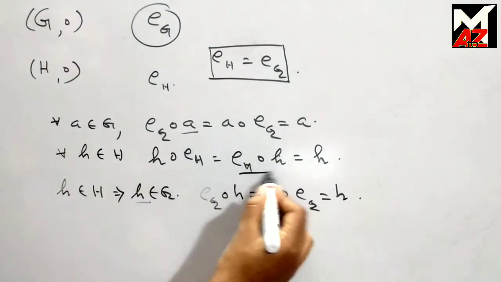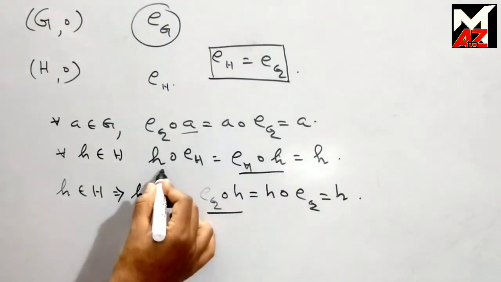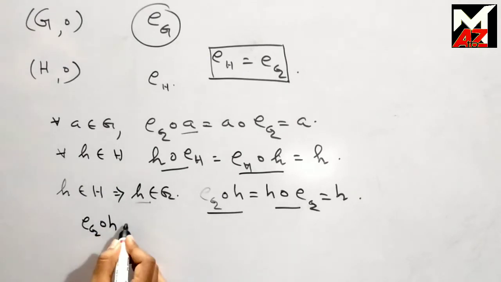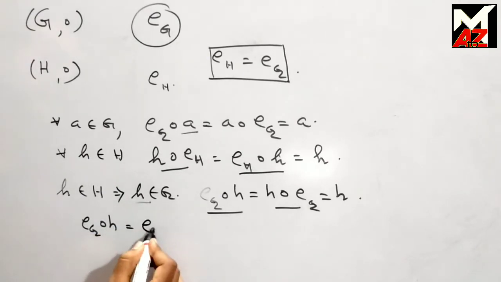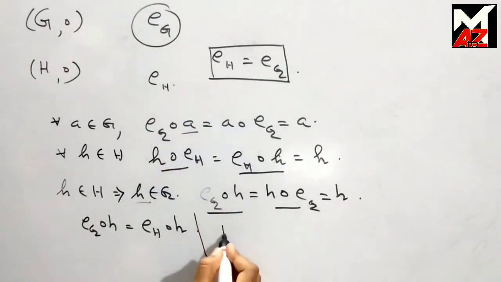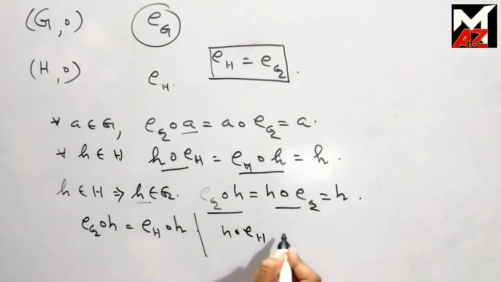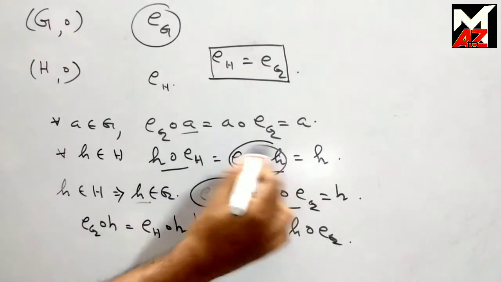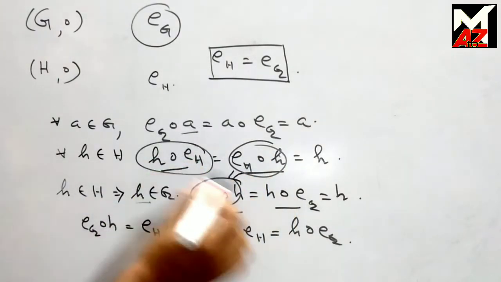Now from these relations, we get EG compose h equals EH compose h, or we can write h compose EH equals h compose EG.